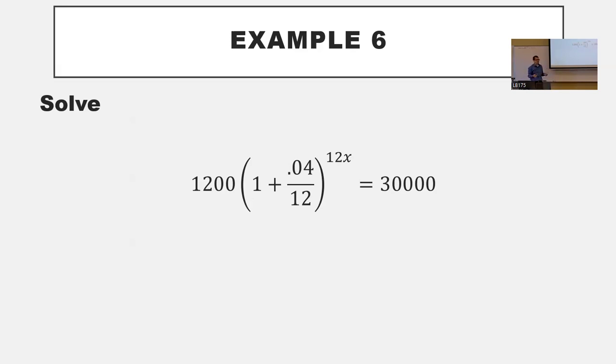You could imagine a problem where this came up. This could come up in a problem where they say you put in 1,200 and it compounds at a rate of 4% interest monthly. How long does it take to reach 30,000?